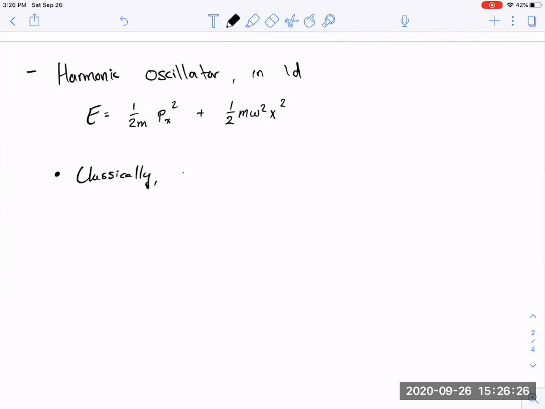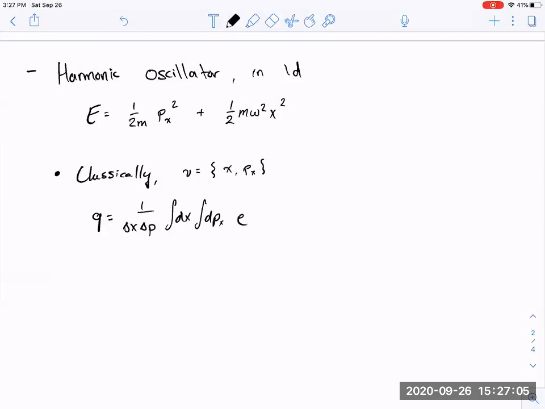So classically, the microstate is completely defined by two numbers, where the particle is and where it's going, position and momentum. I can thus compute the single particle partition function by summing over all the places it can be times all the momentum it can have. I need to count those with some resolution, and let's say a resolution of an arbitrary box size delta x and an arbitrary momentum size delta p.